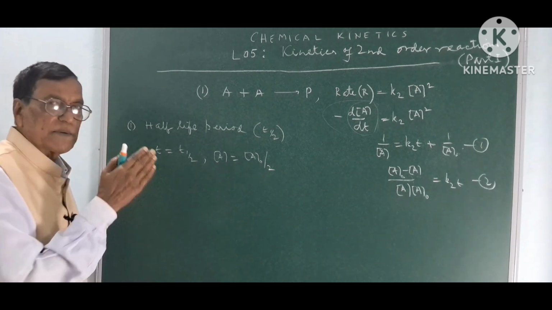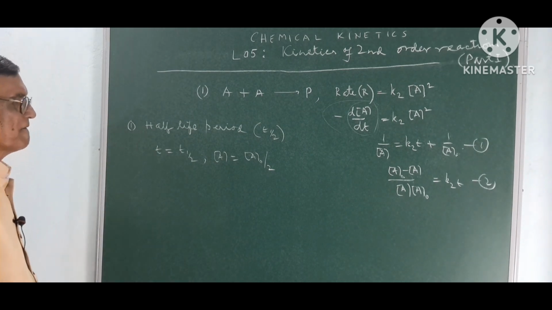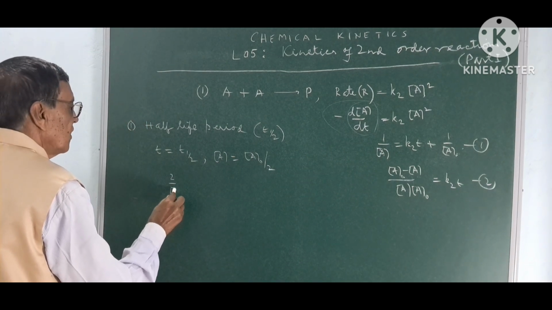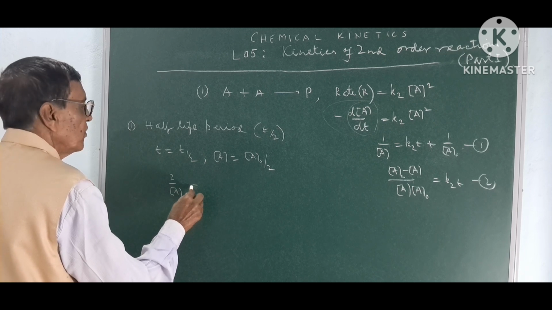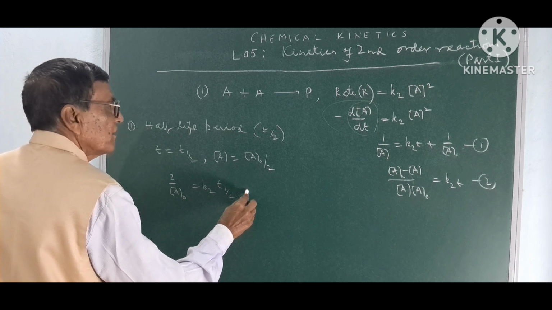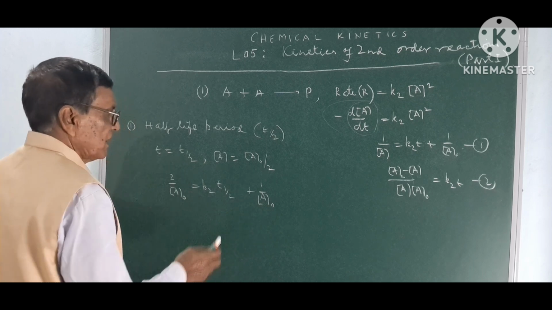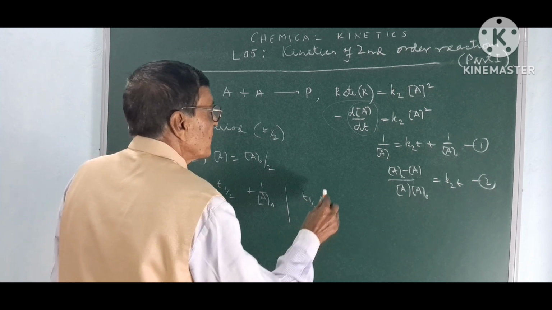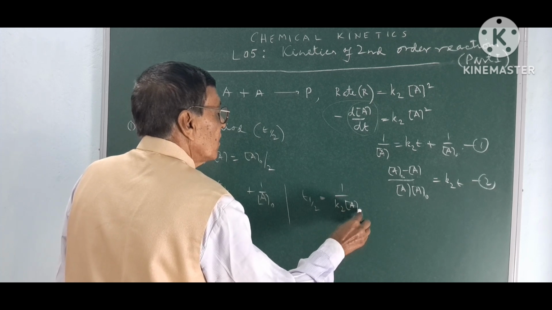So putting here, it will be 2 by concentration of A naught equal to K2 T half plus 1 by A naught. Simple mathematics, and you can show T half equal to 1 by K2 concentration of A naught.